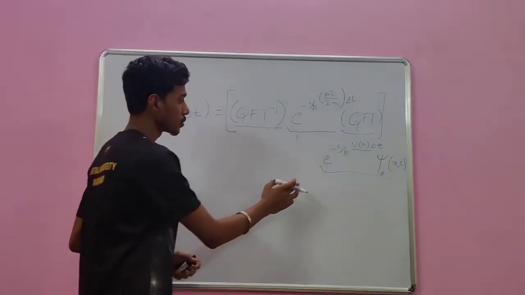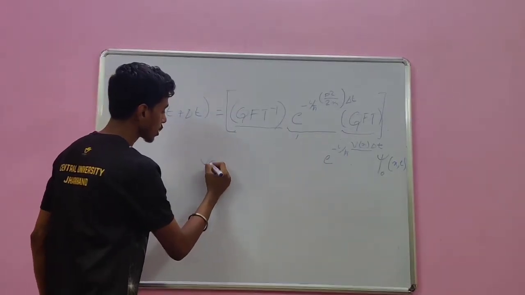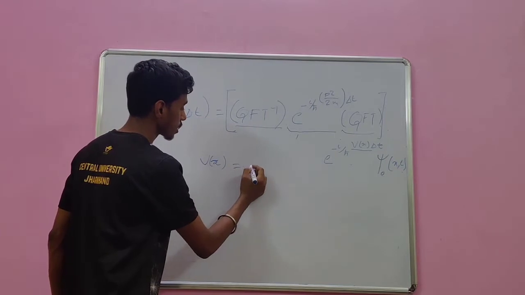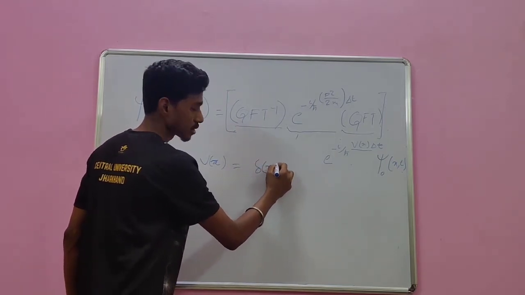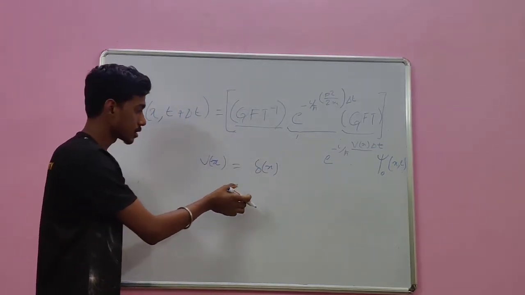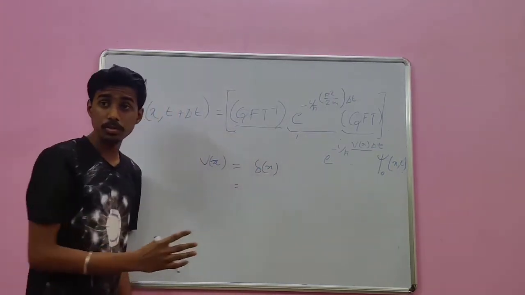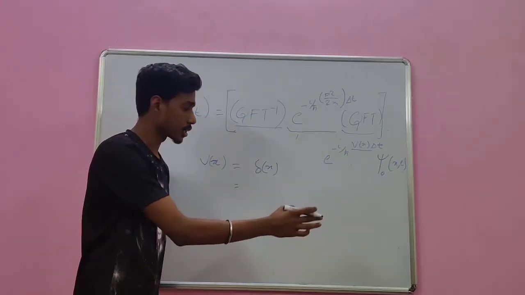Next we will show how the potential V(x) for the delta potential can be written as a function of delta x. For the scattering matrix we will use some potential which will be angle dependent, theta 1, theta 2, theta 3.